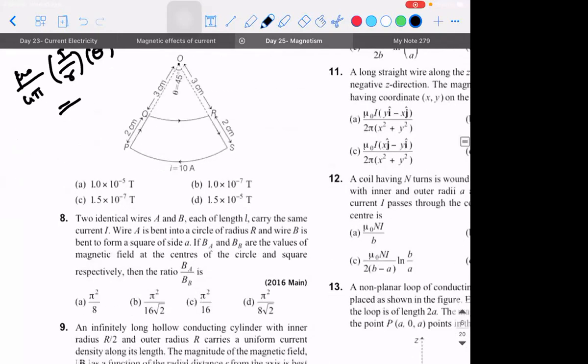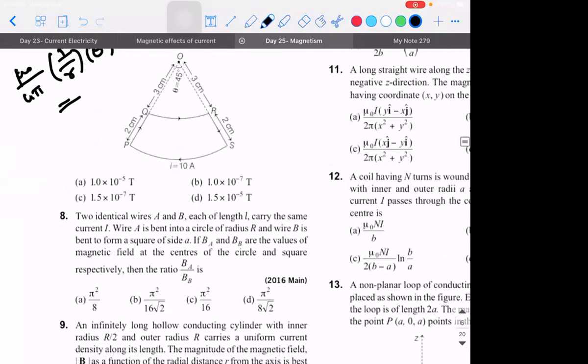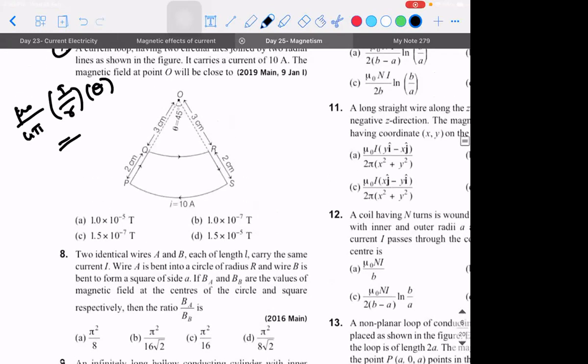Okay, so that part I hope you can do it. Sir, pi square is coming. Pi square won't come, because if I put theta as pi by 4, pi and pi will get cancelled.